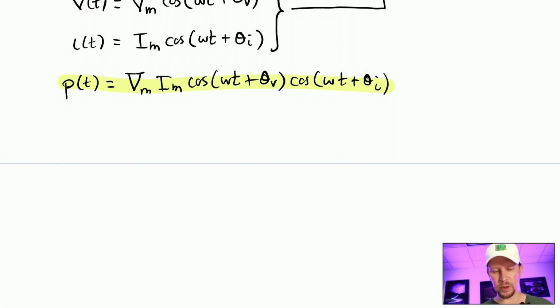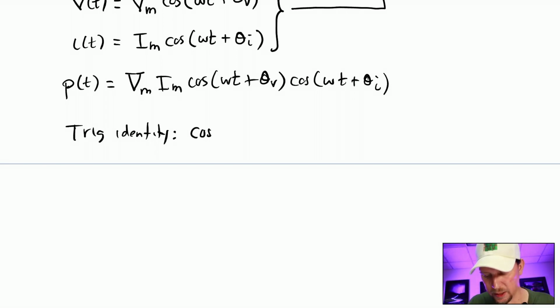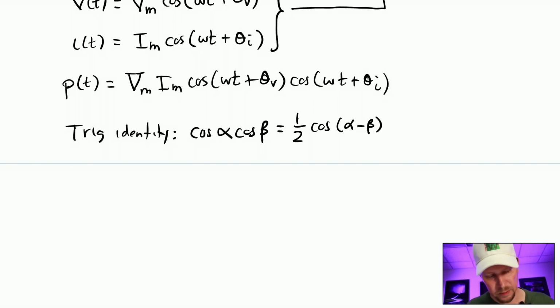And the place where I'm actually going to begin in this equation, in order to turn it into one that we can interpret more easily, is with a trig identity. The trig identity tells us that the cosine of the sum of two angles, or I'm sorry, the product of two cosines like this, can be rewritten as one half cosine of alpha minus beta plus one half cosine of alpha plus beta like this.